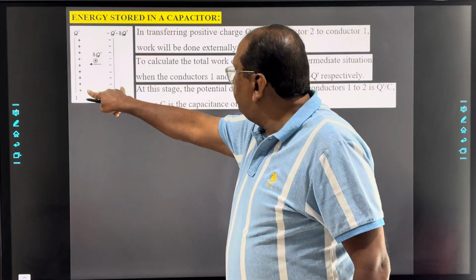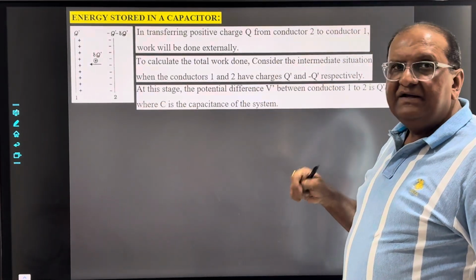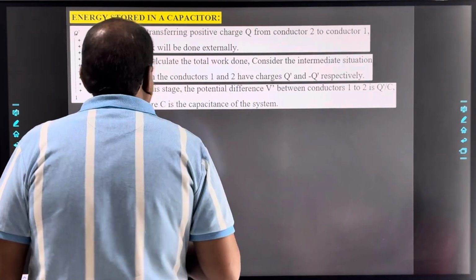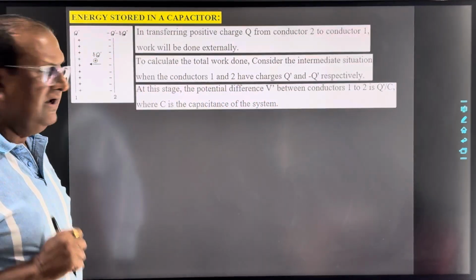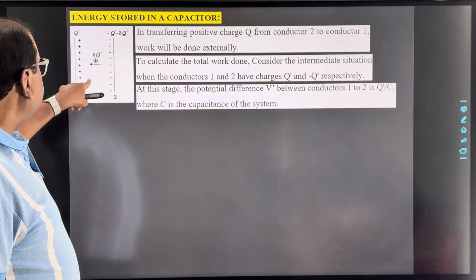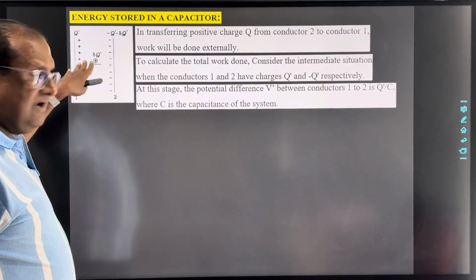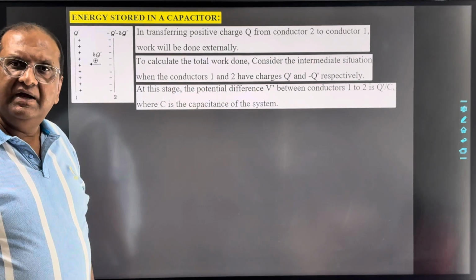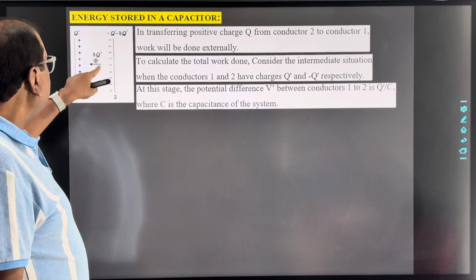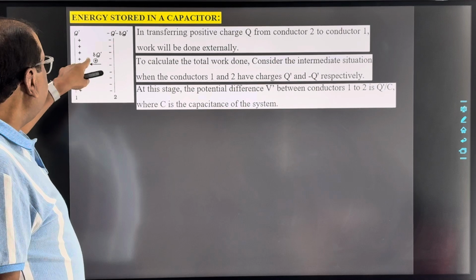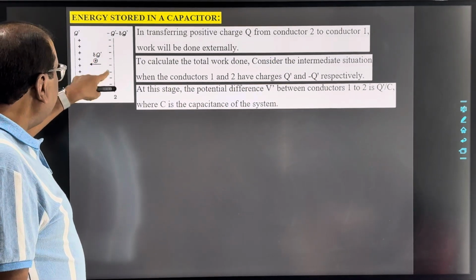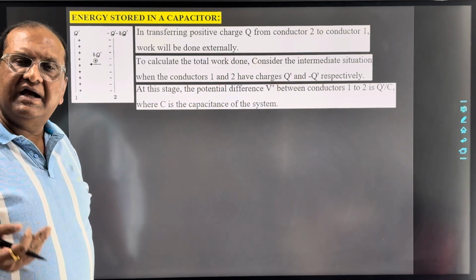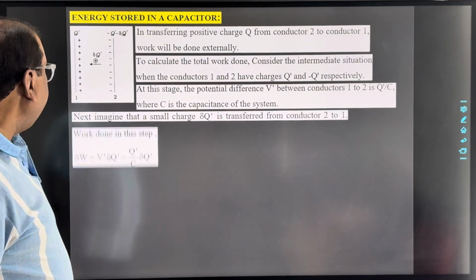Suppose the potential difference between the plates is V' and the capacitance is C. Then the potential difference at this stage is Q'/C, and the work done to transfer delta Q' is delta Q times V'.